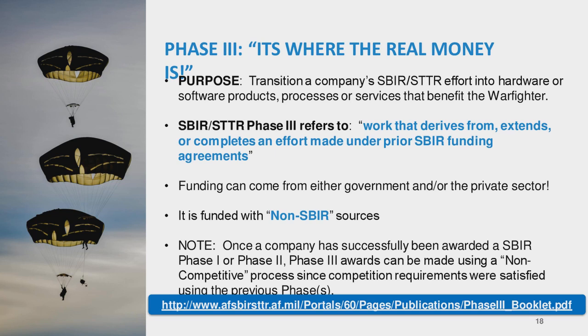You've already done that because you've won a Phase 1 and the Phase 2. So coming into a Phase 3, this should be a sole source buy to what you're doing. And so the verbiage that the congressional language states is work that derives from, extends, or completes an effort made under prior SBIR funding agreements.